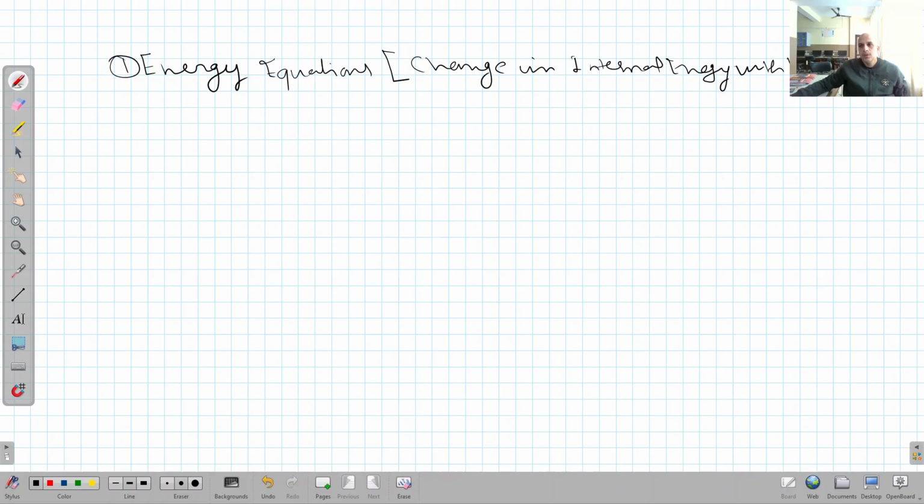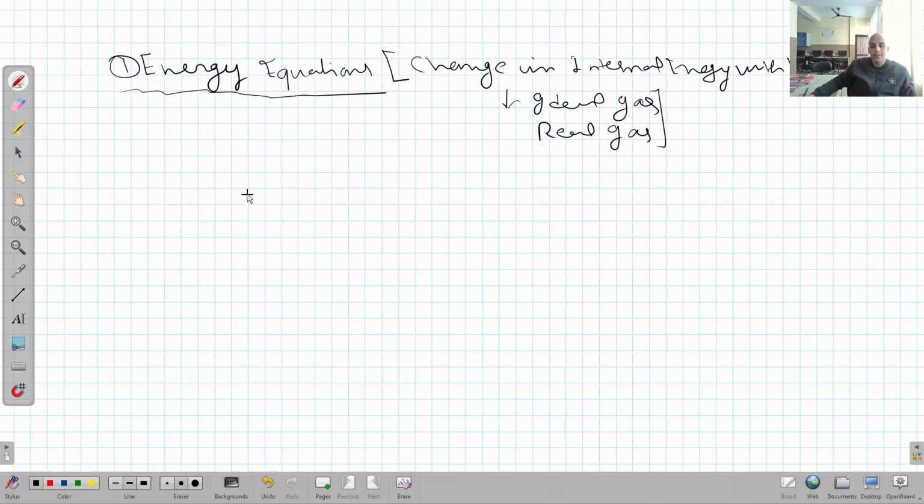Right? That equation will then tell us about the change in internal energy with volume in case of ideal gas and then in case of real gas. Clear?